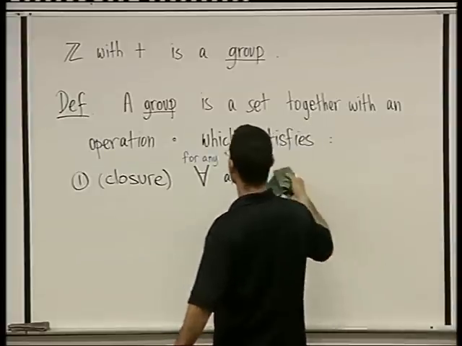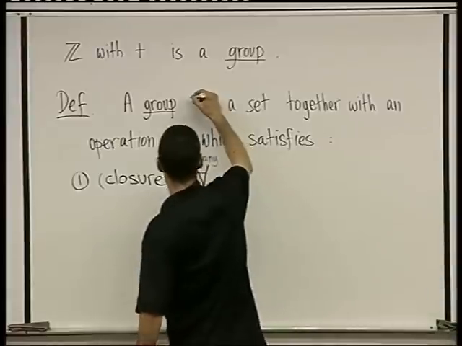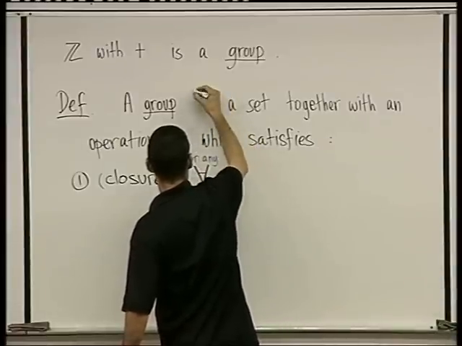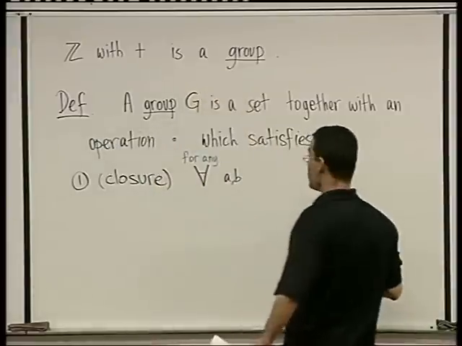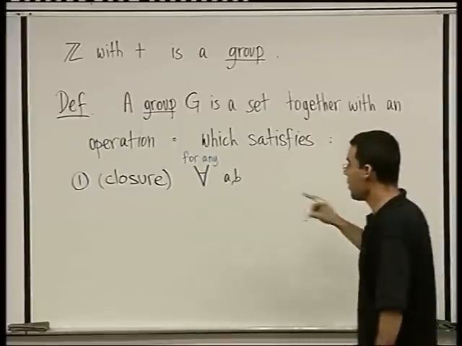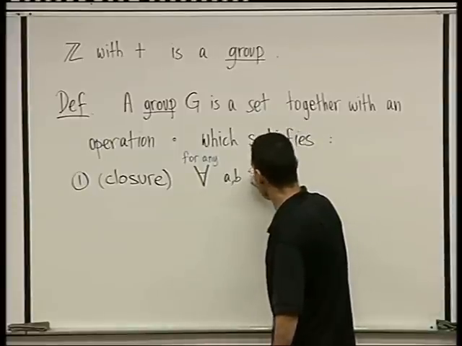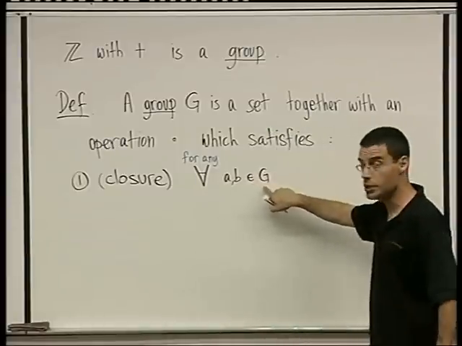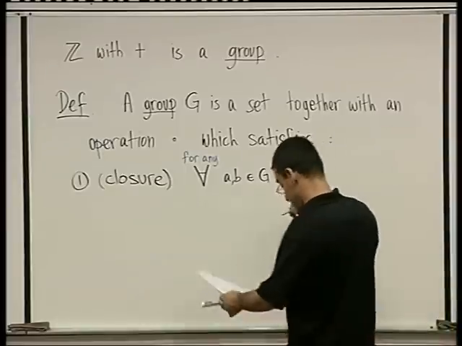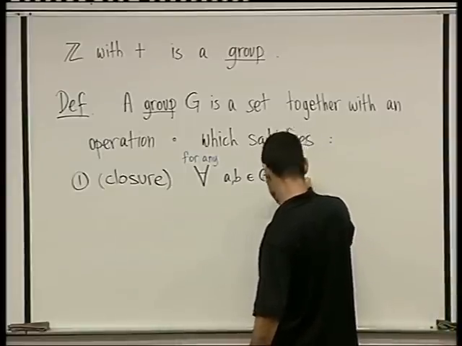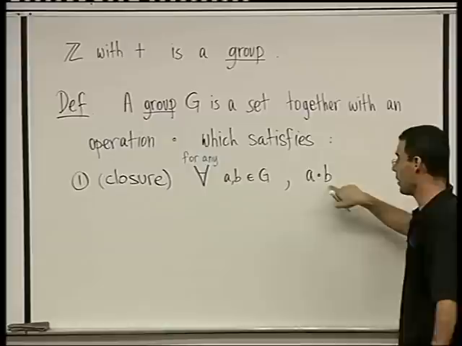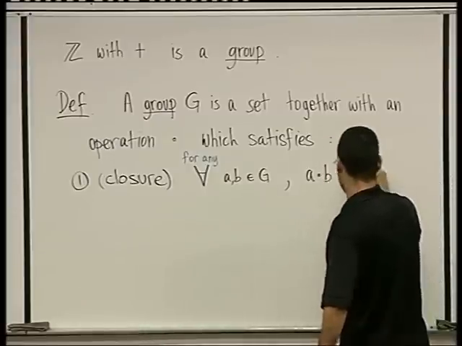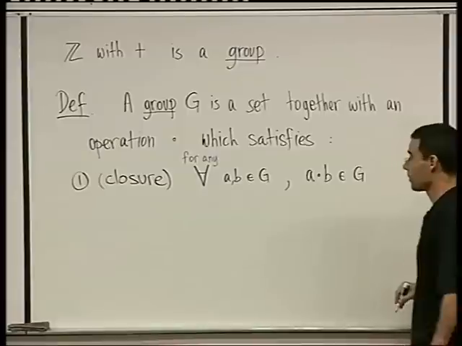A group, let's call it capital G, is a set together with an operation which satisfies: for any two elements a, b which belong to G, this is a symbol we already met, it holds that a and b, when we operate on them, the result also belongs to G. Okay?